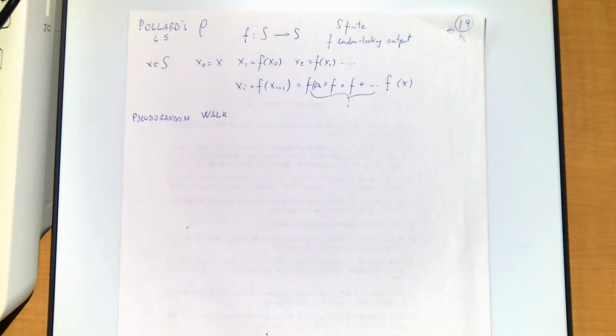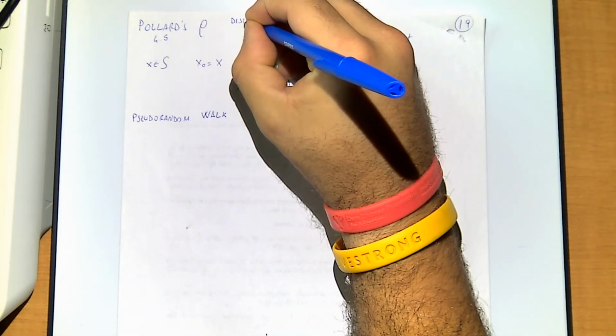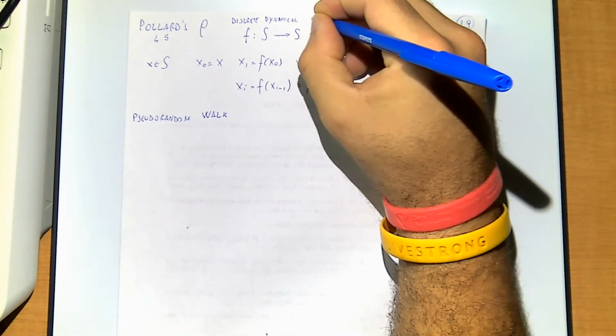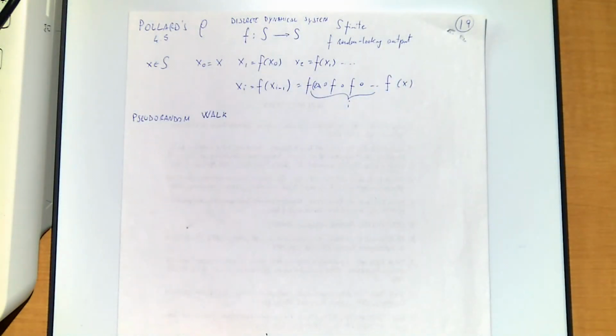In the book, they also define f as an example of a discrete dynamical system. If you know what a dynamical system is, it's kind of the culmination, if you want, of the whole calculus branch. A dynamical system is a system that changes over time, and you traditionally study these using derivatives and differential equations and this kind of stuff, for example to study populations of animals and other things.